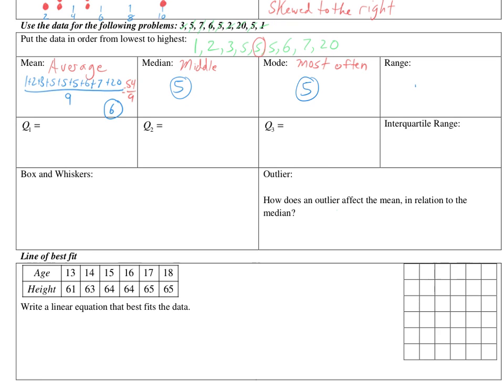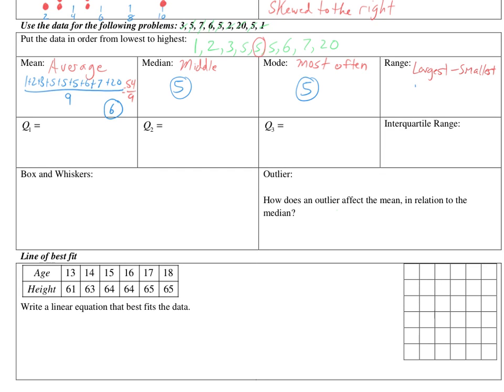The range, what is the range? The range is the span from the largest to the smallest number. It's the difference from the largest to the smallest. So what I'm basically going to do for the range is take the largest number and subtract the smallest. The range will give me how far it is from high to low.